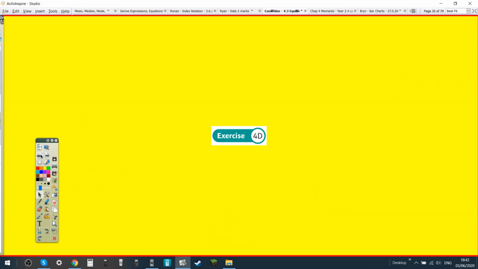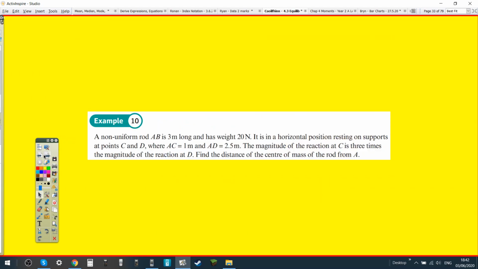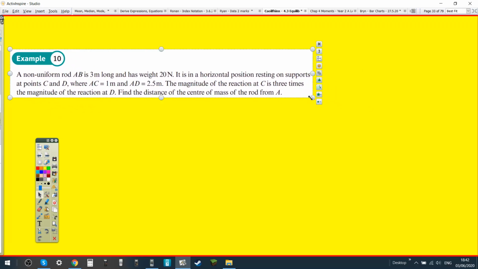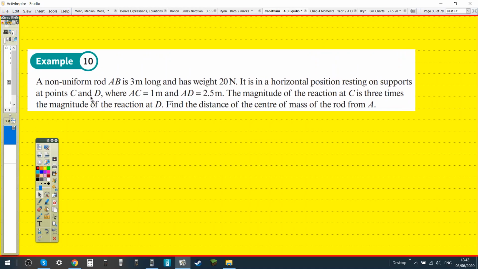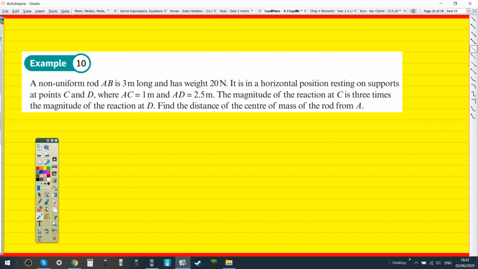Hold on. Okay, let me go back. I skipped this one. This time there's no diagram. How do we do this? Okay.